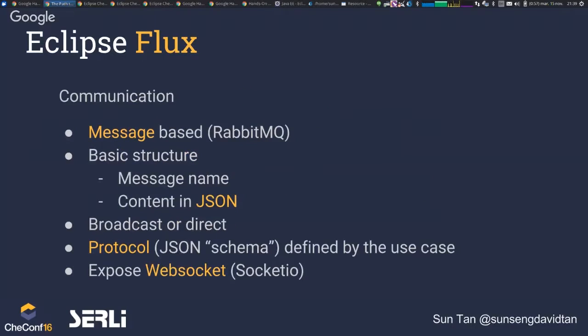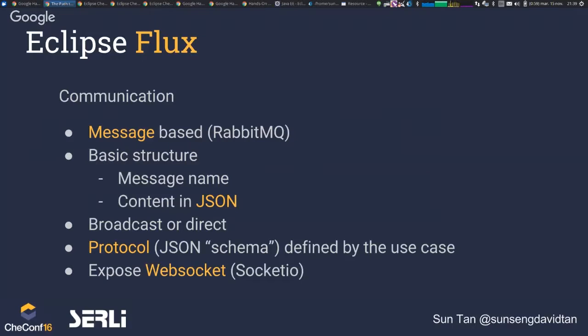Eclipse Flux is based on RabbitMQ, which is used to relay the messages. Each message that's exchanged has its content in JSON. It has a name, and the messages can be broadcast or sent to one particular participant in the session.